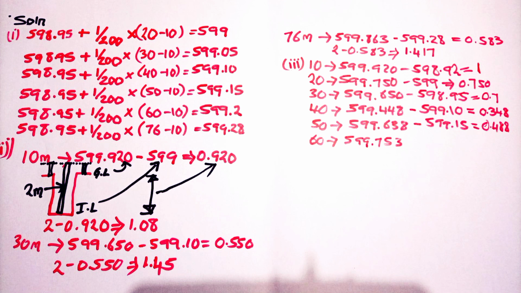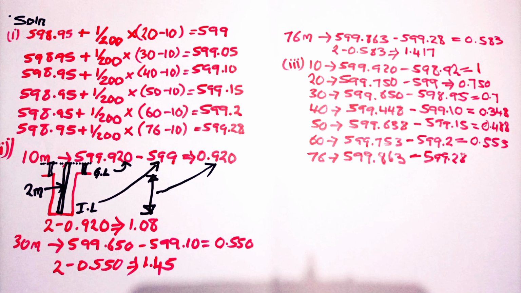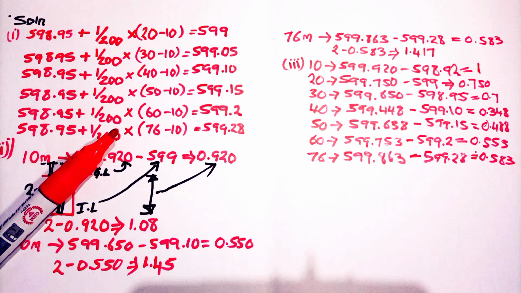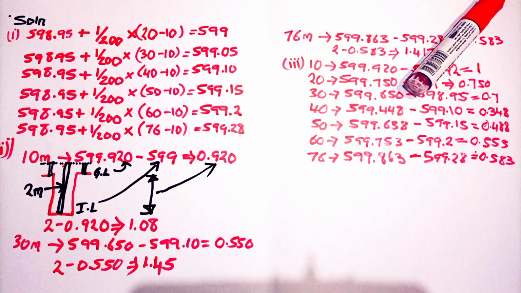The difference in the ground and the invert level: we are falling and then we have a small rising there, but that has not much impact. The only thing you need to make sure you grasp is that the difference in the ground level and the invert level will give you the depth of excavation. So that will be all.